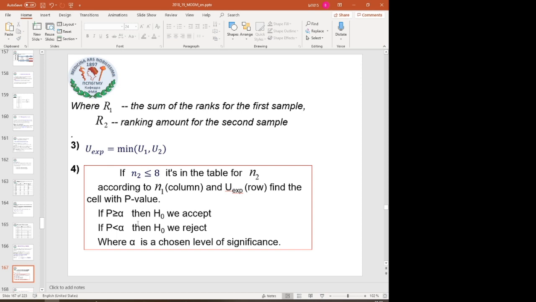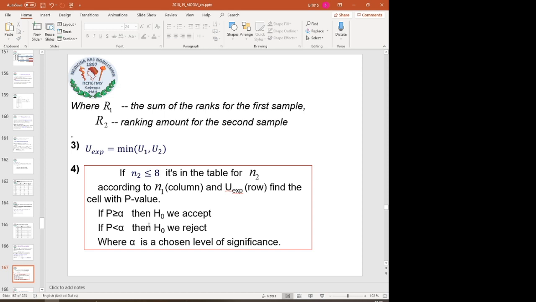And if this probability is less than a significance level, in our cases it will be 0.05, then we take zero hypothesis as not correct.